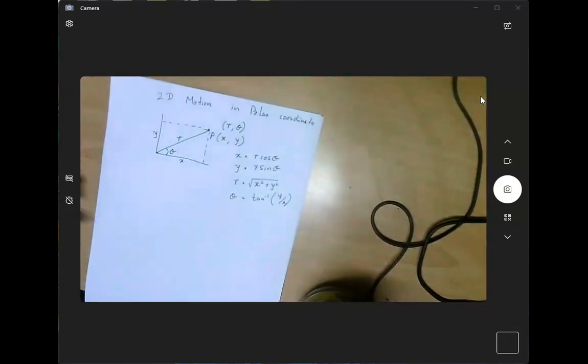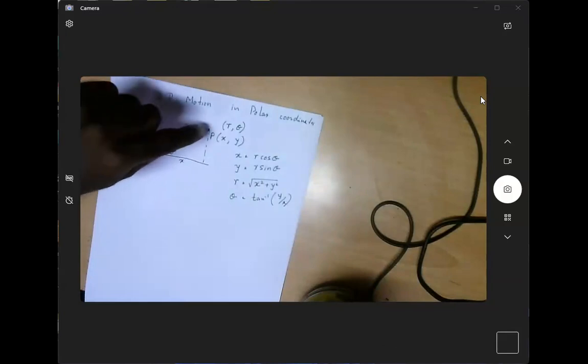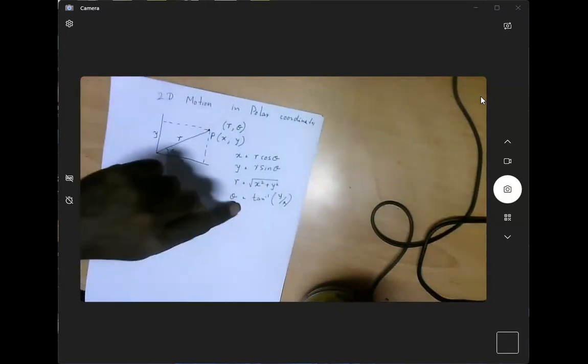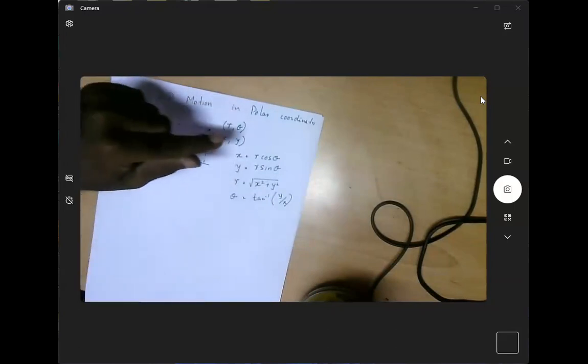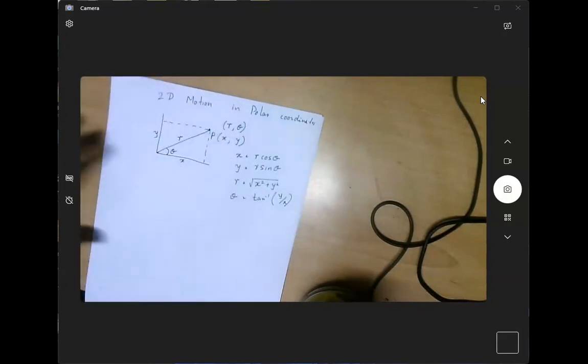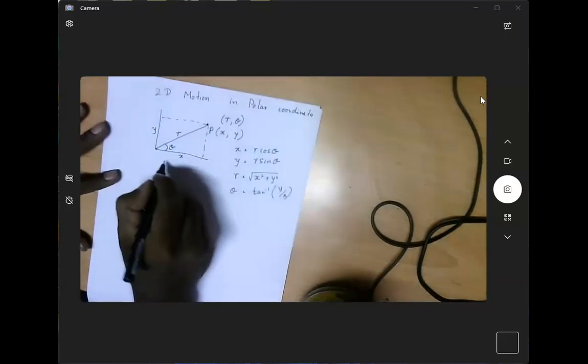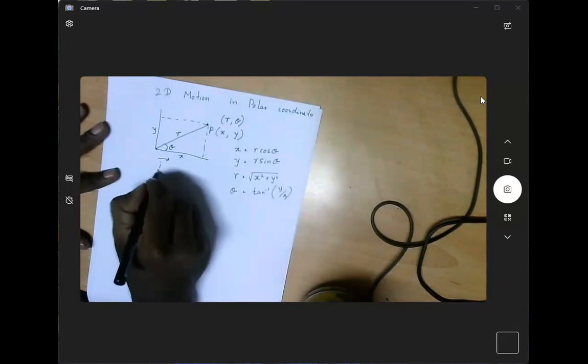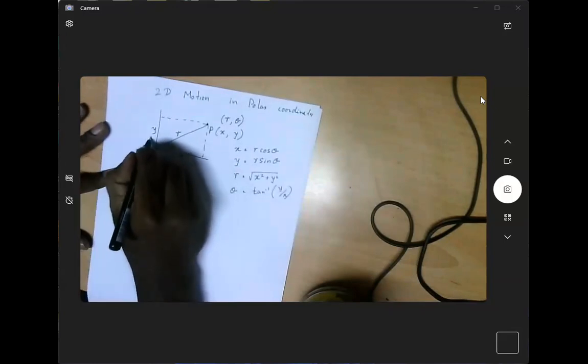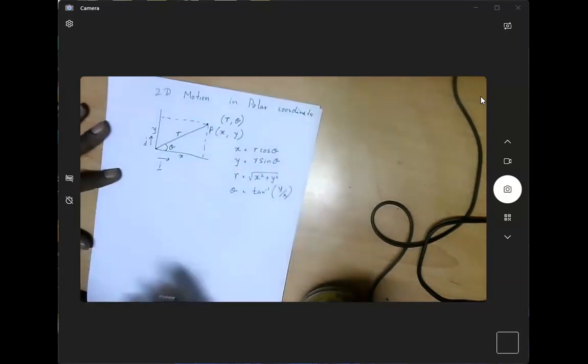Right? This is how you transform something in Cartesian coordinates to polar coordinates, or something in polar coordinates to Cartesian coordinates.